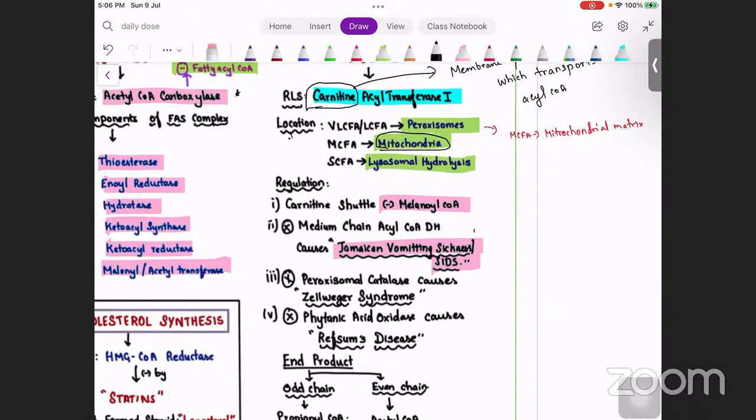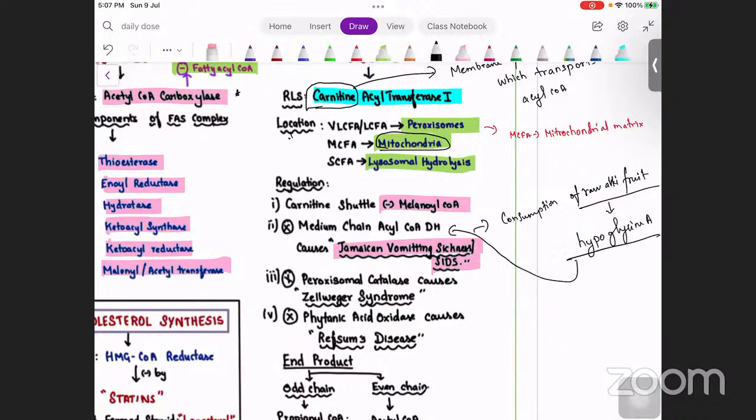Jamaican vomiting sickness is due to consumption of raw ackee fruit, which contains a toxin called hypoglycin A. This toxin can break down or inactivate your medium chain acyl-CoA dehydrogenase. The congenital deficiency may give rise to sudden infant death syndrome, or SIDS.